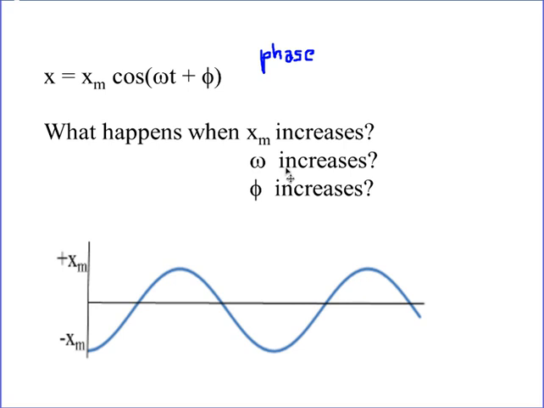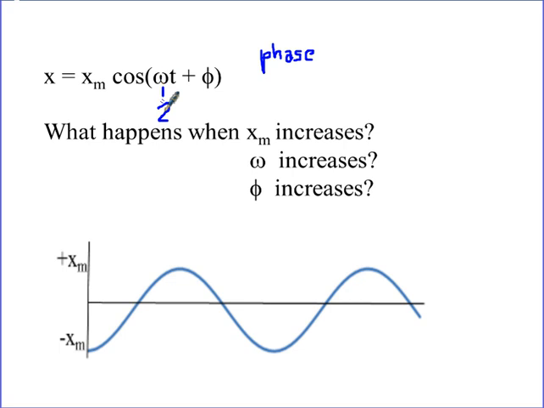If you made omega increase, well, what that means is if omega went from 1 to 2, suppose omega had been 1 and we increased it to 2, what it would mean is that for this to go through a complete cycle, to get up to 2 pi, would take half as long. To go through a complete cycle with omega equal to 1, time would have to go up by 2 pi.